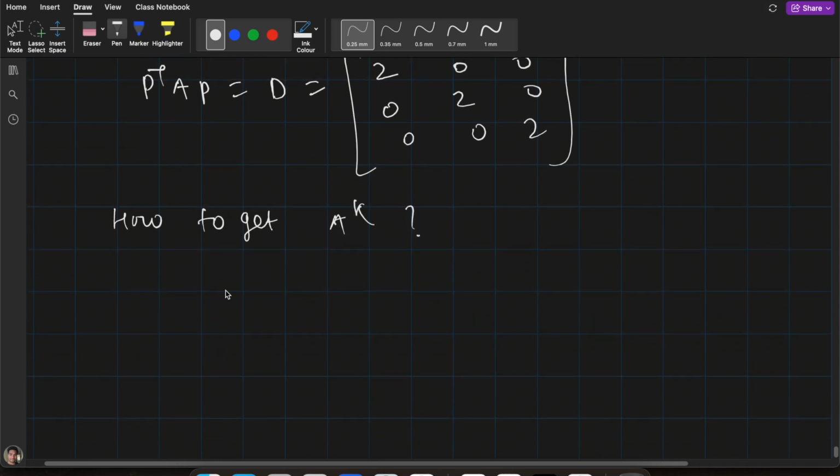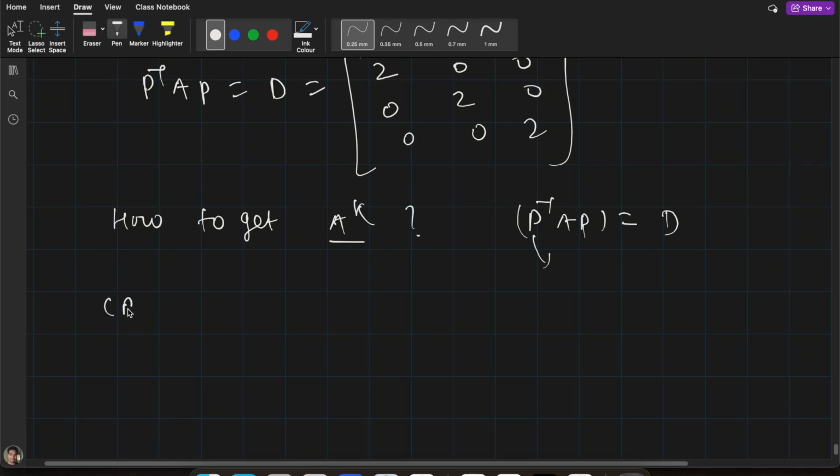Okay, Kalpana, just remember this thing. P inverse AP equal to what? D. Right? And what is P? P is a matrix where all columns are eigenvectors. Fine? Now I want to get A raised to the power k. How will I get it?